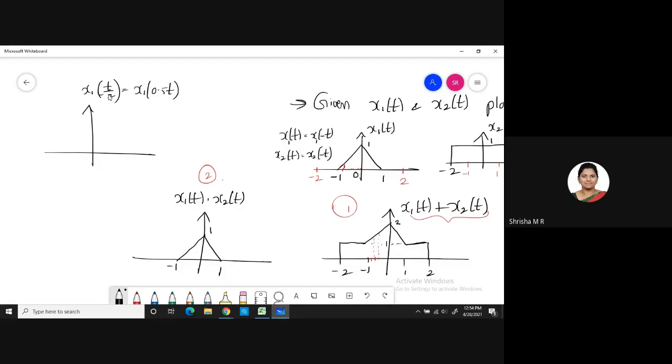So the signal will be present from where to where? You have -1 to +1 for x1 of t, so divide that by 0.5 if you find it difficult. What do you get? A signal from -2 to +2 with an amplitude 1. Because you're scaling it by a factor of 0.5, you have got an expanded version of the signal. Got it?